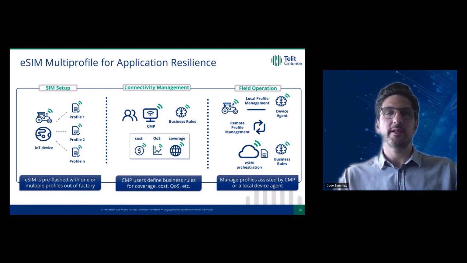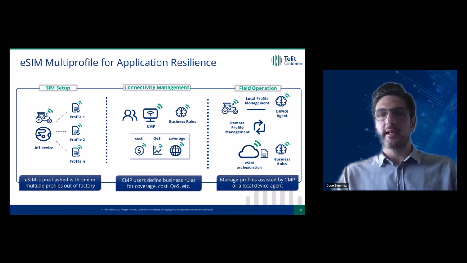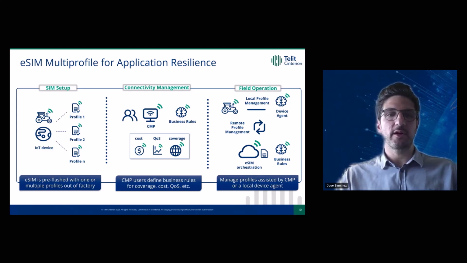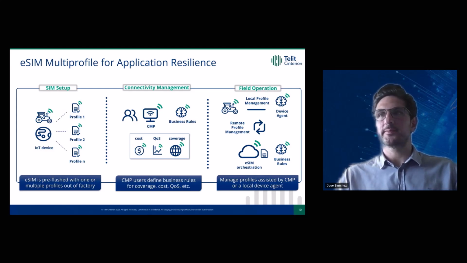So when you in the past used dual SIM configurations, you were physically switching the SIM card used. Here you are virtually, or by software, switching the SIM card used automatically. This is what we call fallback, and this can help applications achieve resilience, and it can help deliver the quality of service needed for mission-critical applications.